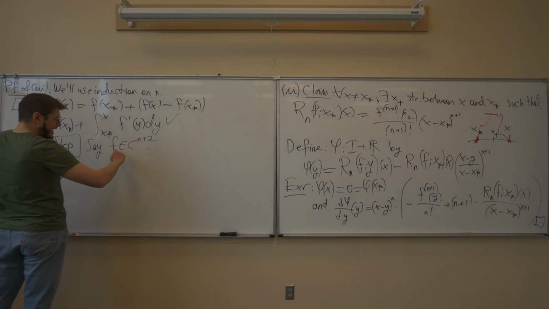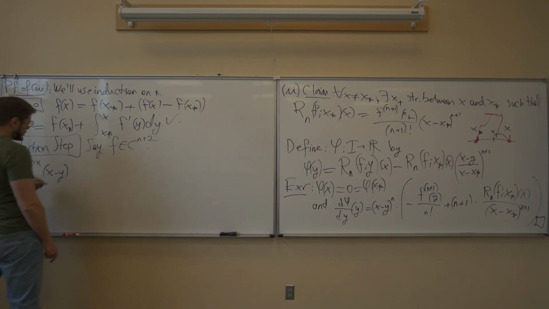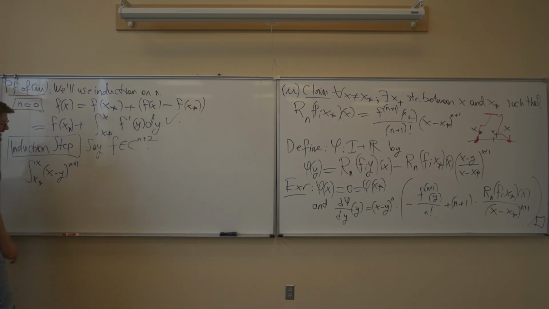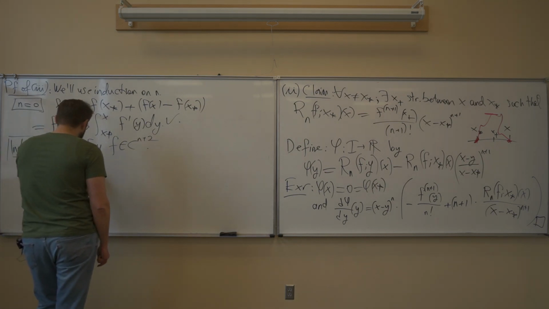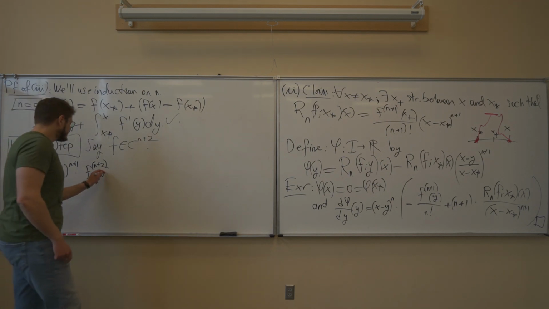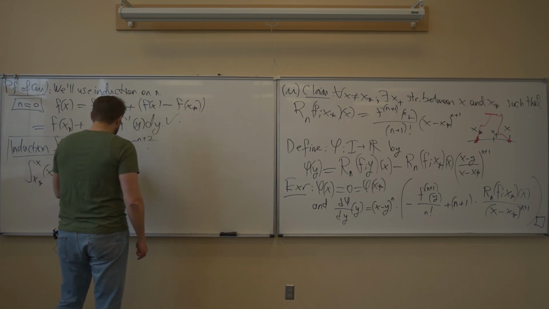So for f in C^(n+2), I should be seeing an integral of the following form: (x minus y) raised to the power n plus 1 times the (n+2)th derivative of f evaluated at y, dy.